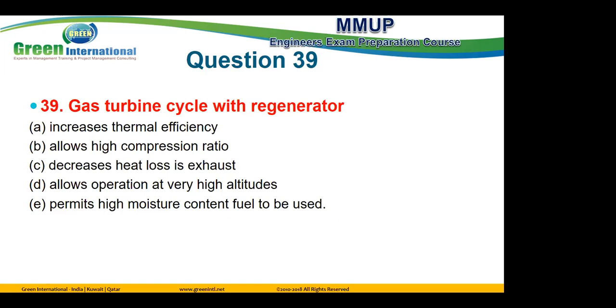Normally this exhaust is still at high temperature, so instead of losing this energy, you take this branch and connect it to a heat exchanger, with heat transfer between the exhaust and the output of the compressor.